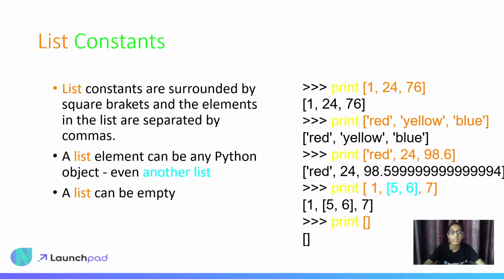Further, what are list constants? List constants are surrounded by square brackets. First of all, the main point to remember is that list constants are always surrounded by square brackets and the elements are always separated by commas. That means if you present a list in square brackets, that is known as a list, but it has to be separated by commas. A list can even contain another list in Python.